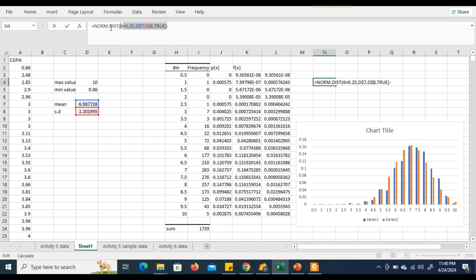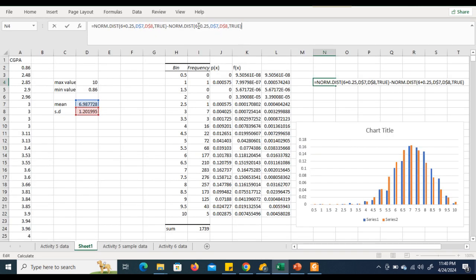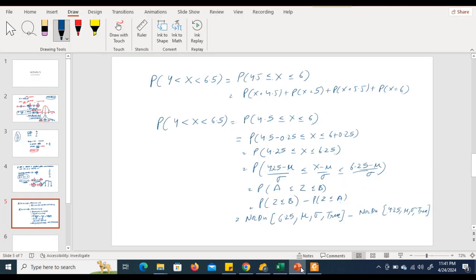Again I'm going to copy this. The next one is for 4.25, that is 4.5 minus 0.25. So this gives us the probability which lies between 4 and 6.5. This is the answer to this particular question.